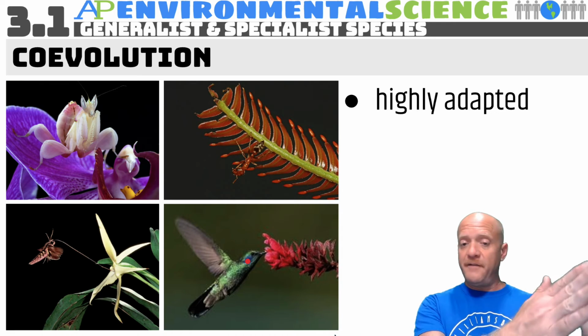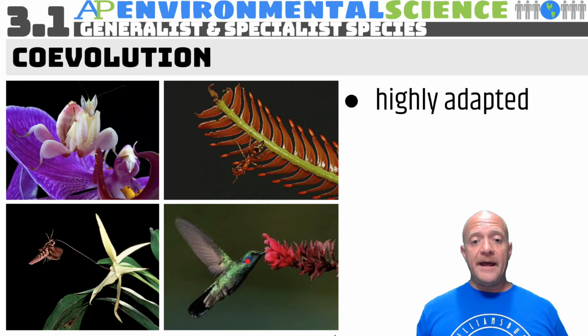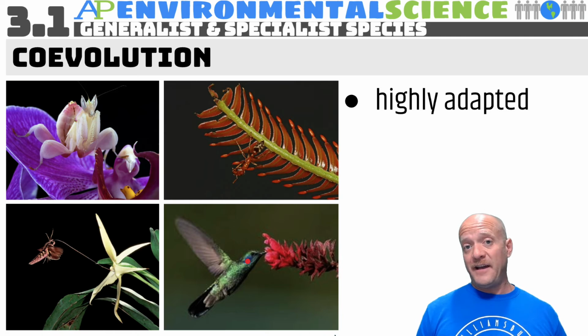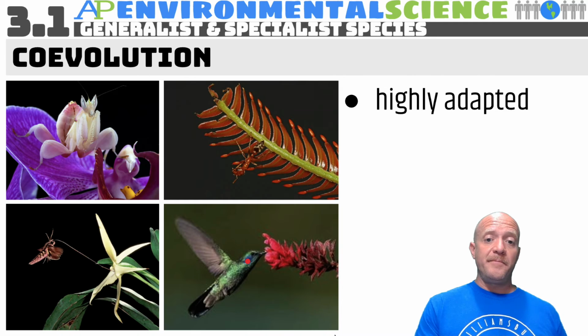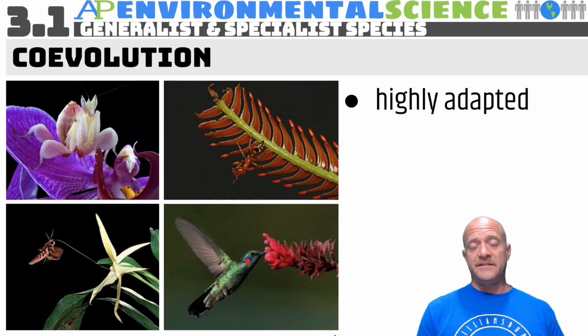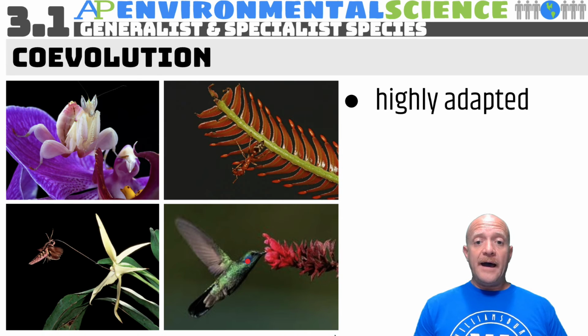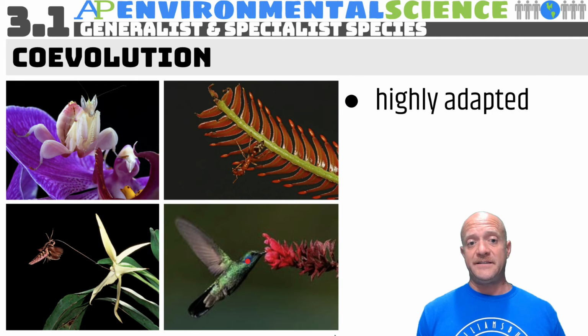The plants evolved maybe a different shape of a flower, and at the same time, the only birds that were successful to feed on that flower, on that nectar, were birds with longer beaks. So as some plants maybe evolved to escape these organisms that are feeding off of them, they kind of evolved at the same time.